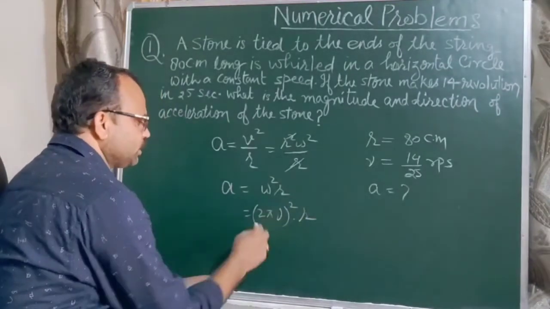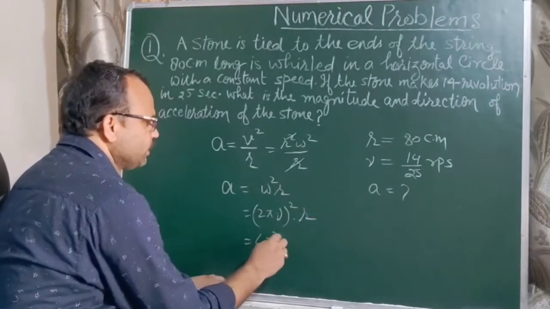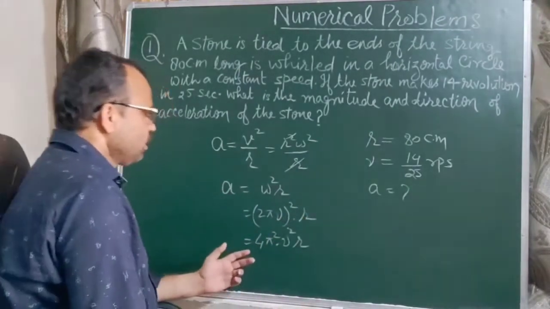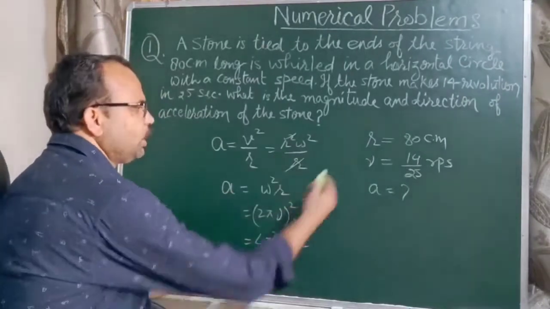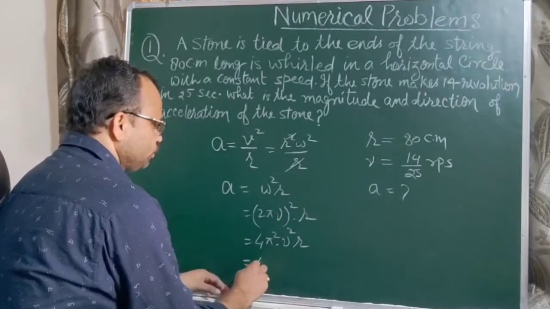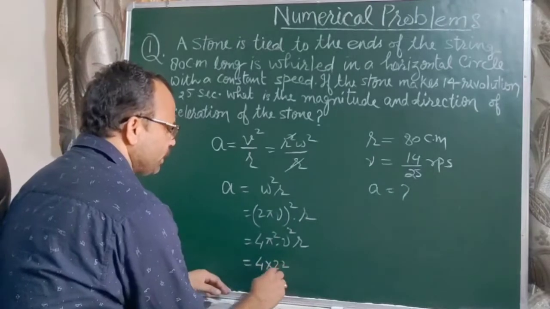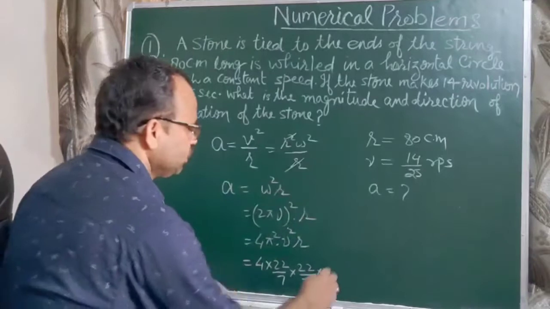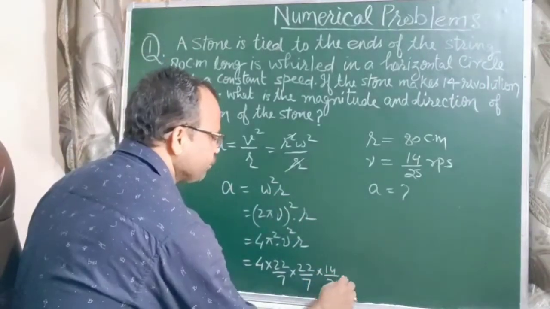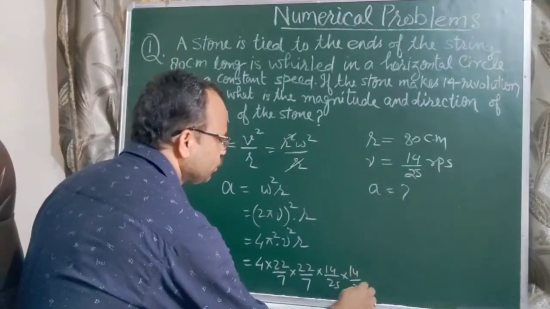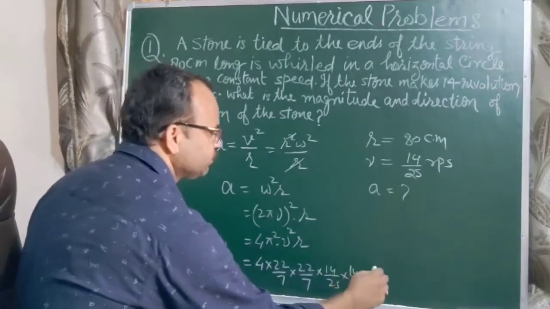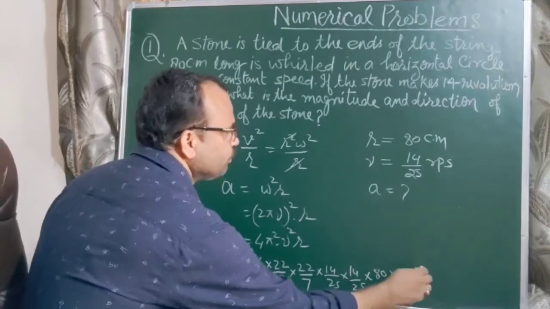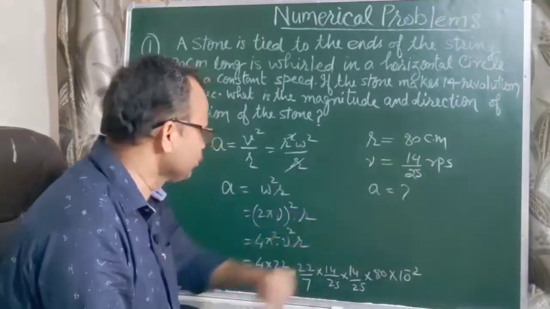So now squaring this bracket, 4 pi square nu square R. Now substituting the value of nu and R. So 4, the value of pi is 22 by 7 into 22 by 7, and the value of nu is 14 upon 25 into 14 upon 25, and the value of R is 80 into 10 to the power minus 2, because 1 centimeter is equal to 10 to the power minus 2 meter.